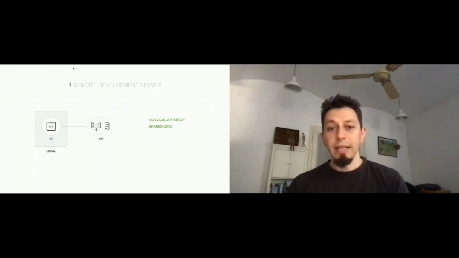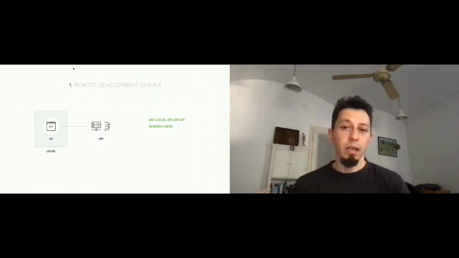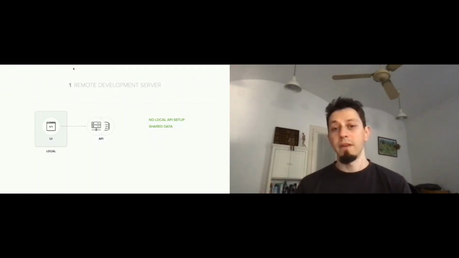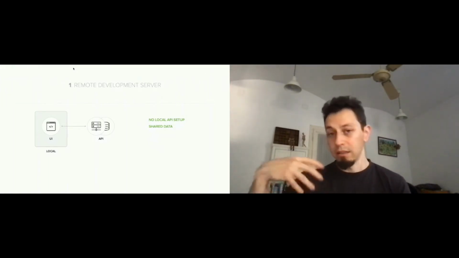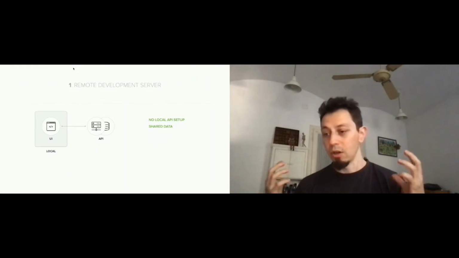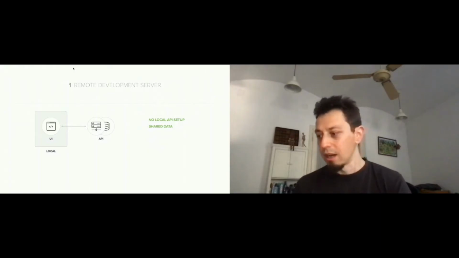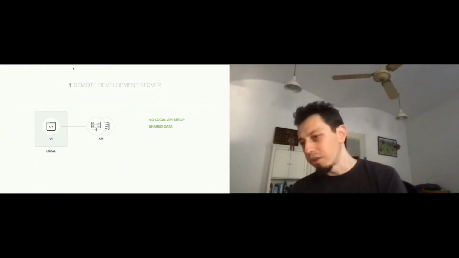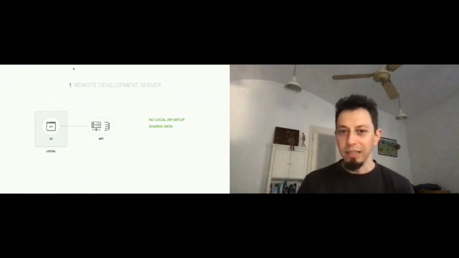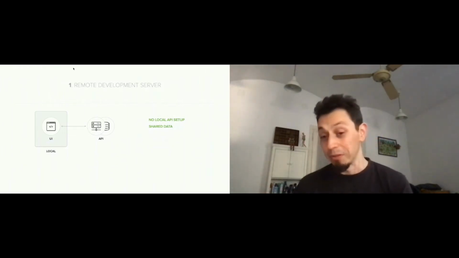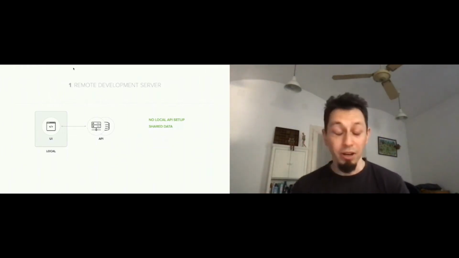It's easy to share data between all the developers working on the same application, because all the developers would basically use the same development API, the same database. So all the state is shared with all the developers working on it. Now, this could be, of course, a problem, because you could delete some of your colleague's data, for instance.